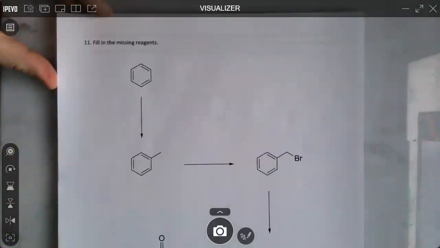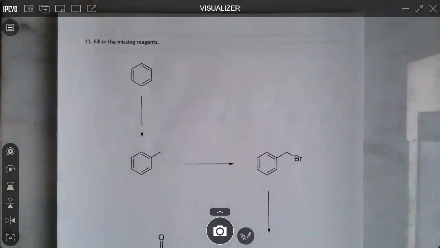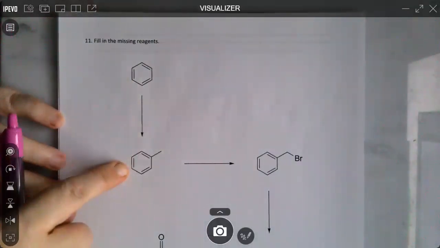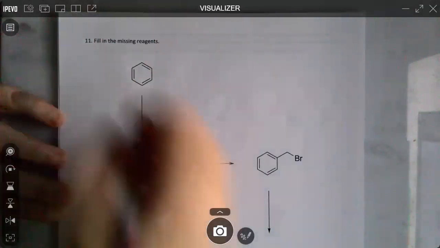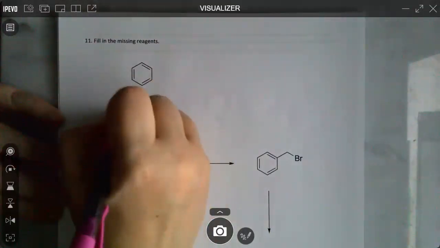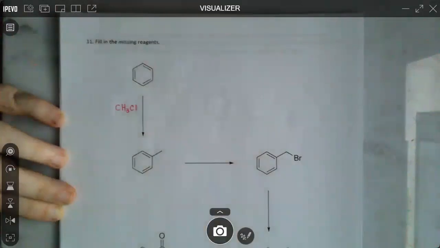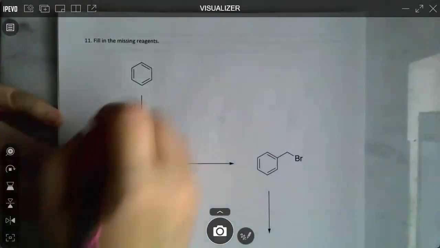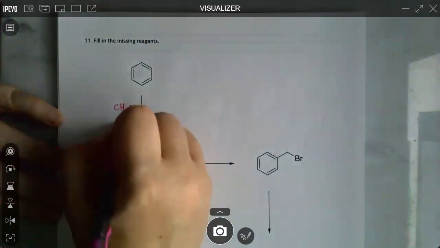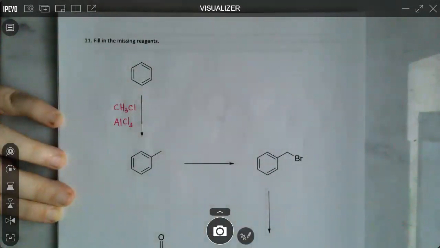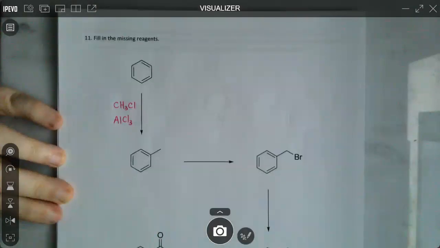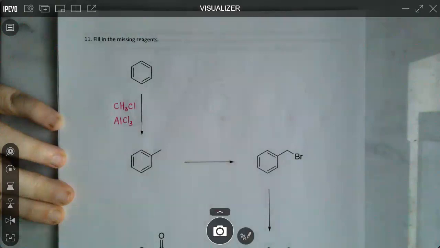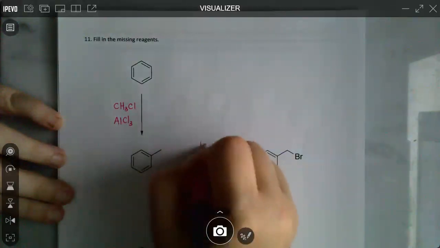Fill in the missing reagents. So we have benzene being converted to toluene. In order to add this methyl group, we need to do a Friedel-Crafts alkylation with methyl chloride or methyl bromide and a Lewis acid catalyst. Here we're going to do benzylic halogenation. For that, we do 1 equivalent.